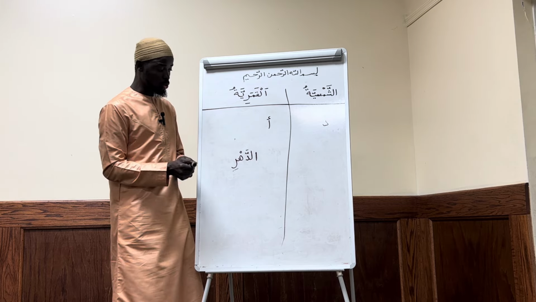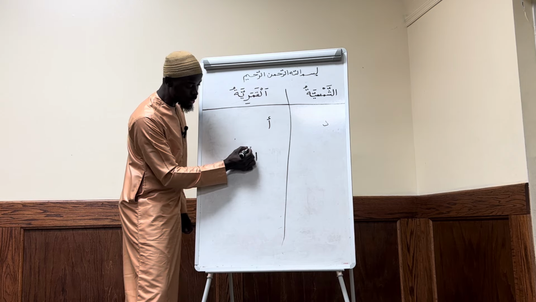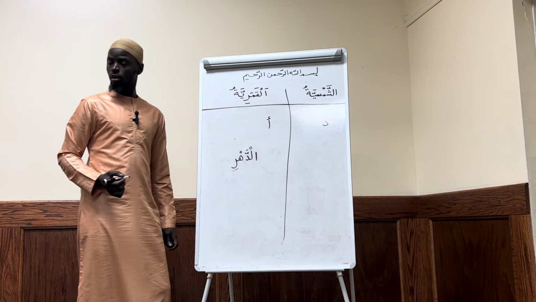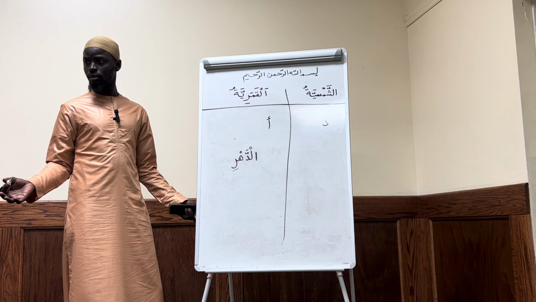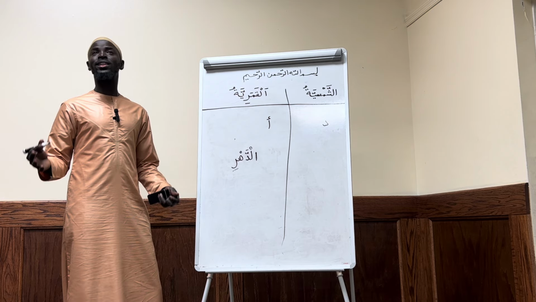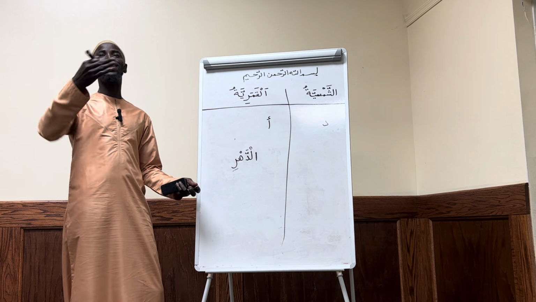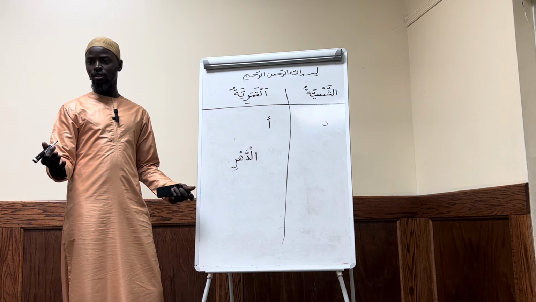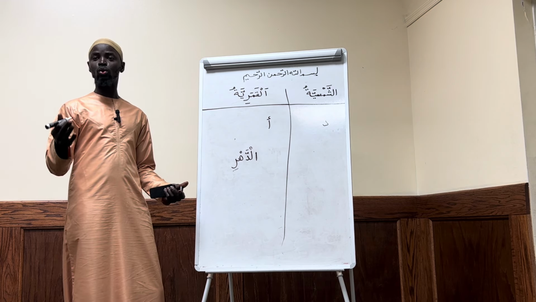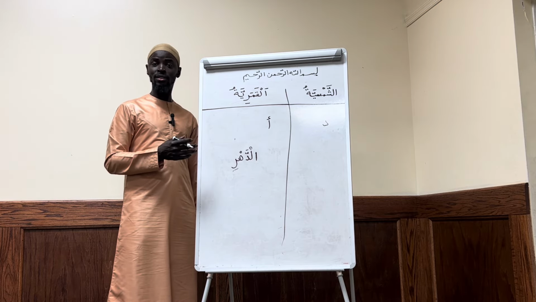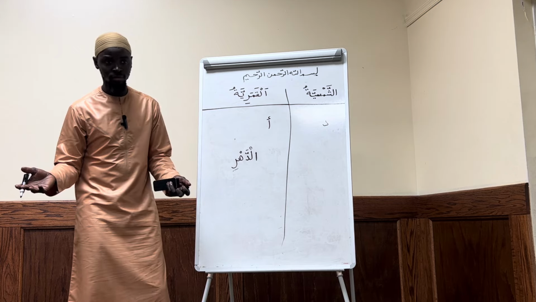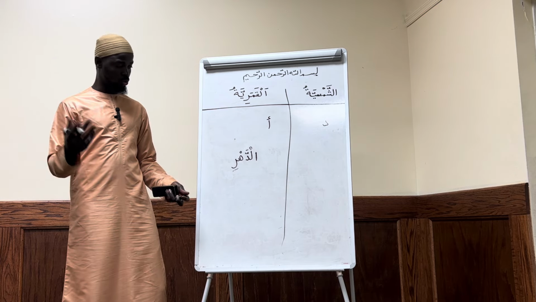That's a good question because with all the sun letters you cannot have sukoon. Azilla alayhi muzilla. You understand? You cannot have sukoon on the lam with the sun letters. But with the moon letters, you always have sukoon on it. That's very simple. And that's a good question.